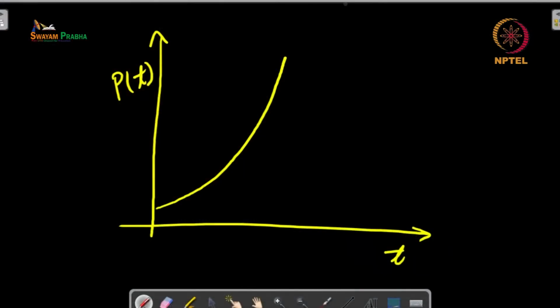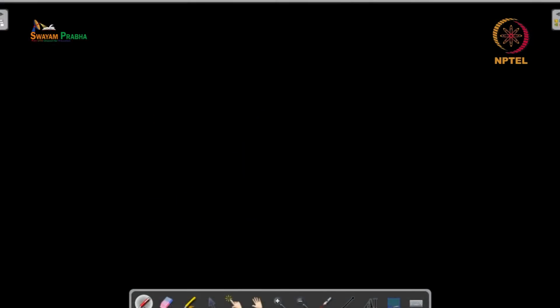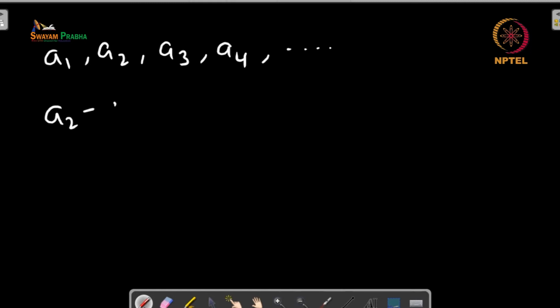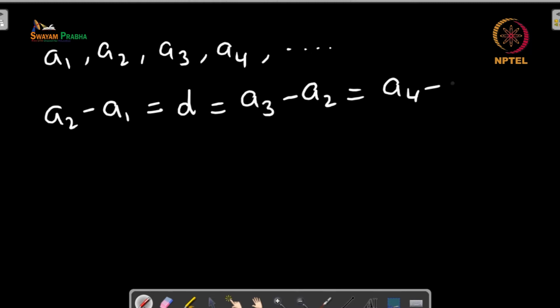Now, an arithmetic progression is again a sequence of terms. So here we have A1, A2, A3, A4 and so on, such that the difference between any two terms is constant. That is, A2 minus A1, if the value is D, then this same value of D is A3 minus A2, which is the same as A4 minus A3 and so on.